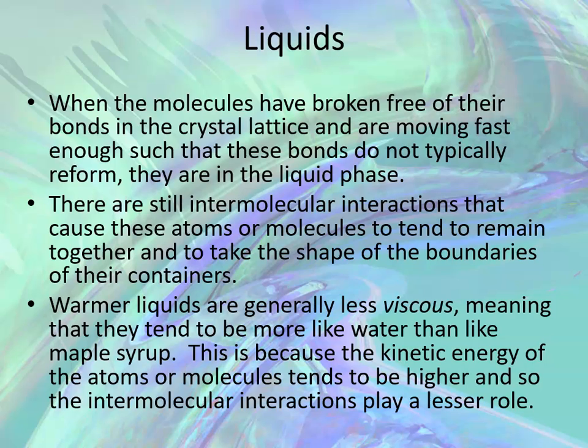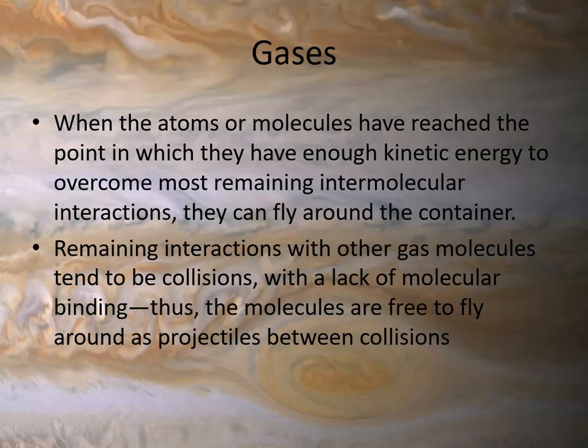Warmer liquids are usually less viscous, meaning that they behave more like water and less like maple syrup. And that's because the kinetic energy of the atoms or molecules tends to be higher, and thus the intermolecular interactions play a smaller role. Now, gases are situations where the atoms or molecules of what would otherwise be a solid or a liquid have broken free completely of their interactions, at least their interactions with large bulk numbers of their members.